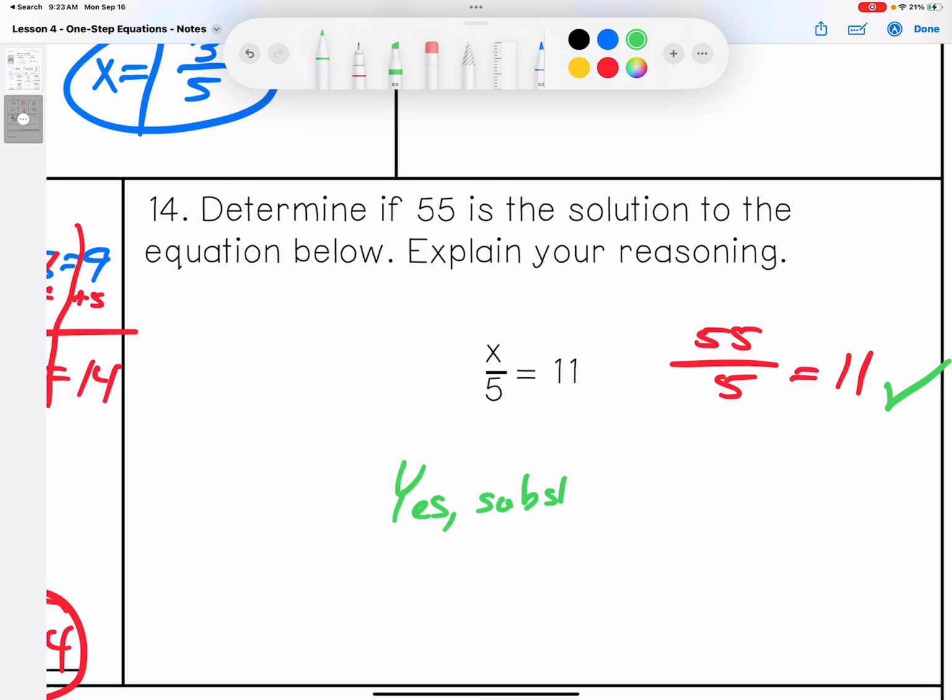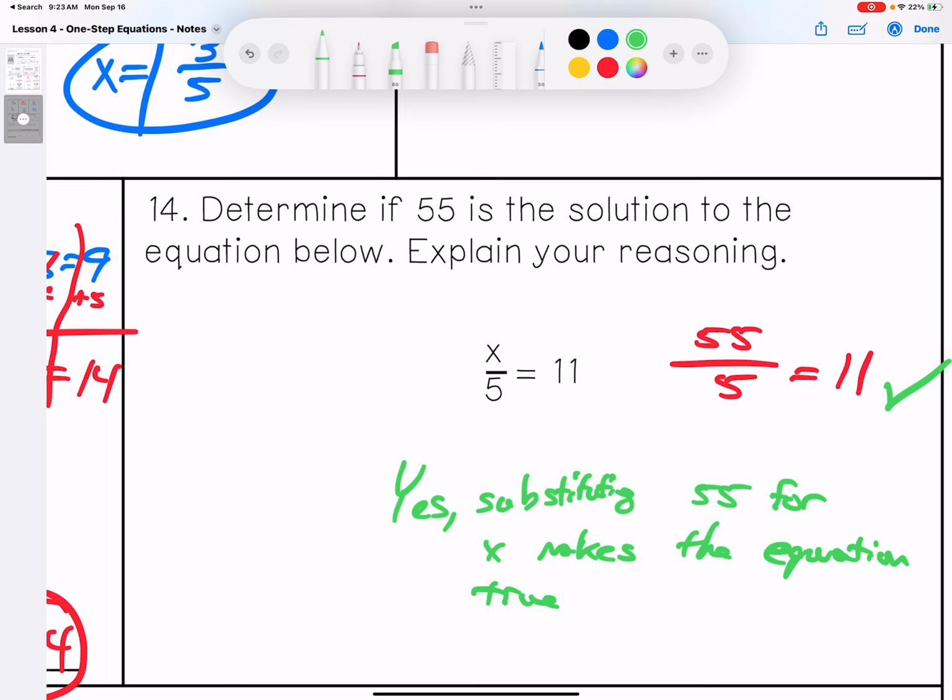Substituting 55 for x makes the equation true. That is a true statement.